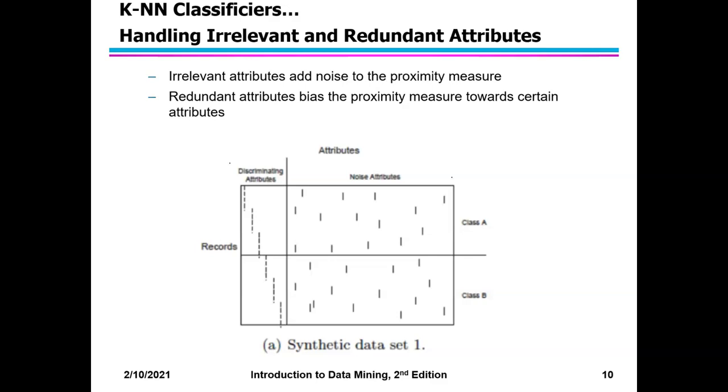Redundant attributes bias the proximity measure towards certain attributes, right? So what are the noisy attributes? If you look here, these are noisy attributes. They are not contributing to the clustering, and these are discriminative attributes. They discriminate between the two classes, class A and class B.